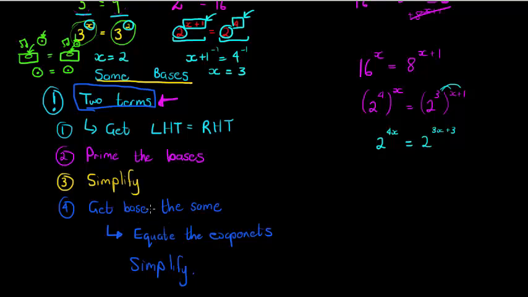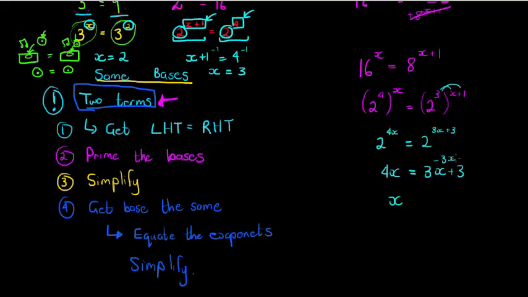In this case, my two bases are already the same, so all I need to do is equate the exponents, which is 4x. By the way, equate just means make them equal, so it's not some fancy word really. 4x must now be equal to 3x plus 3. And now I solve it.